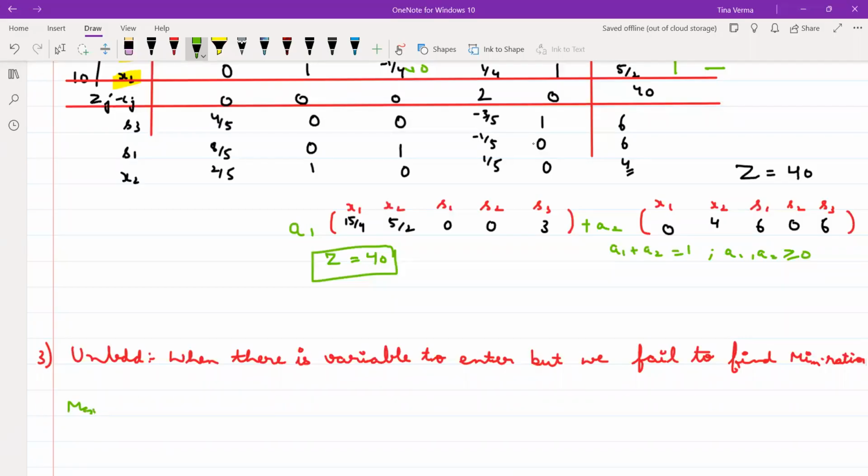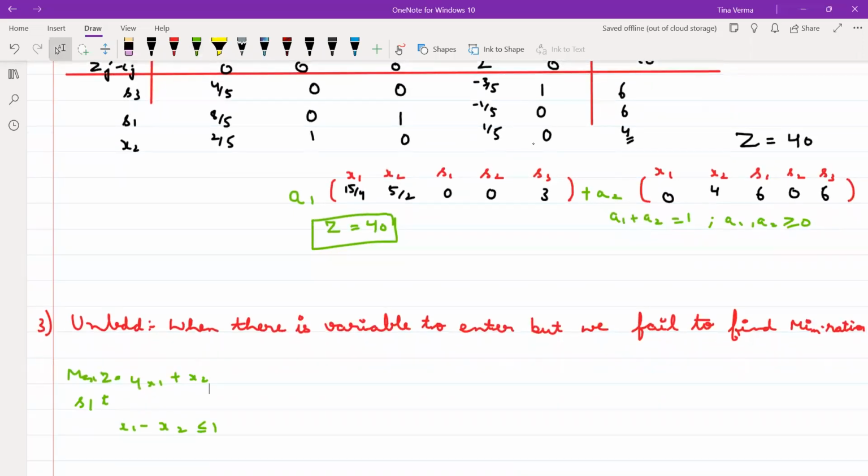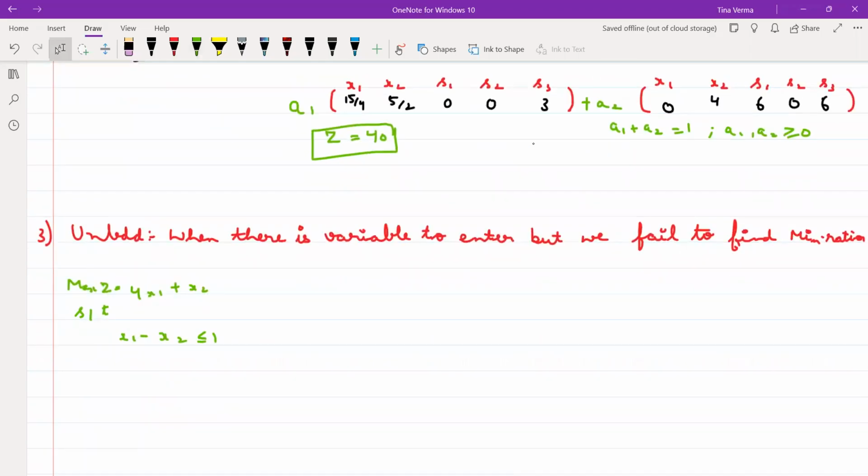So you can notice in the example, consider maximize z = 4x1 + x2, subject to x1 minus x2 less than or equal to 1 and minus 2x1 plus x2 less than or equal to 2, and x1, x2 greater than or equal to 0.